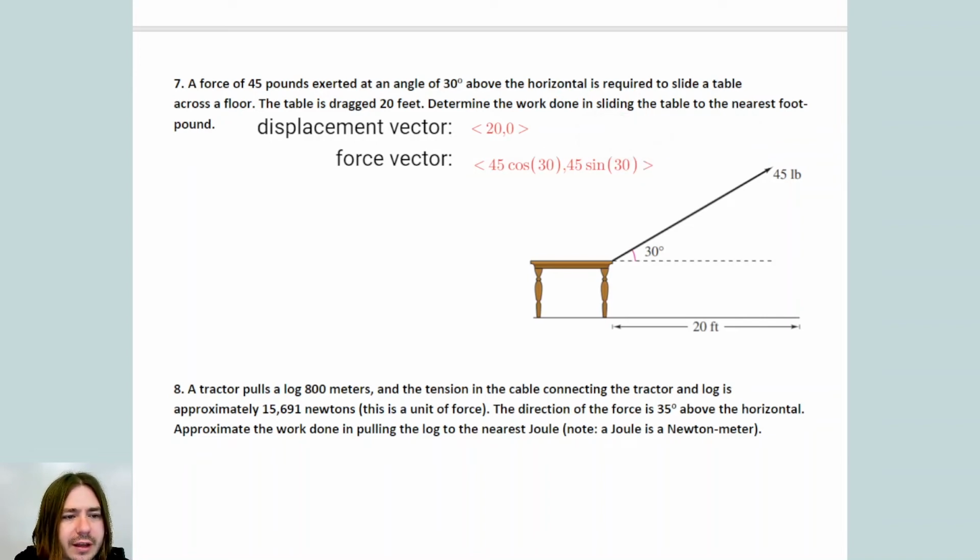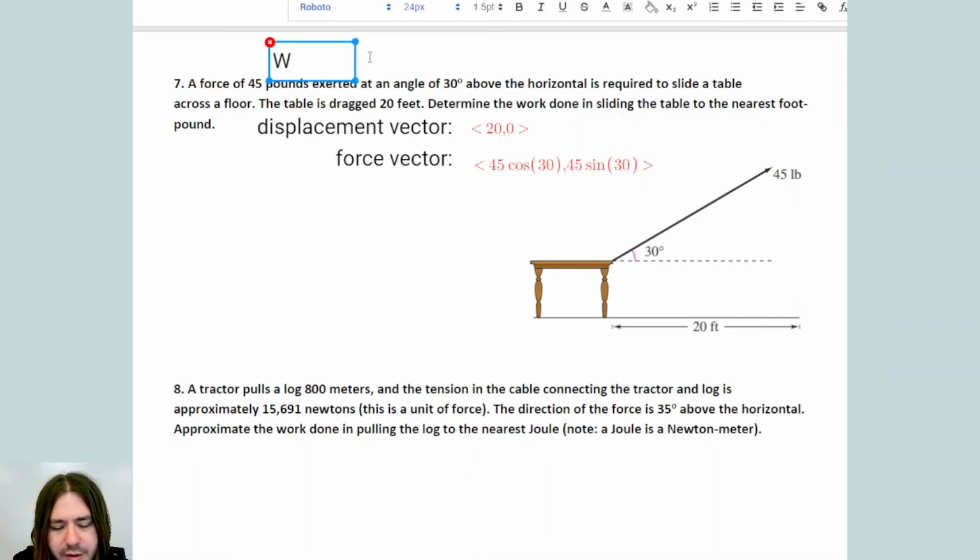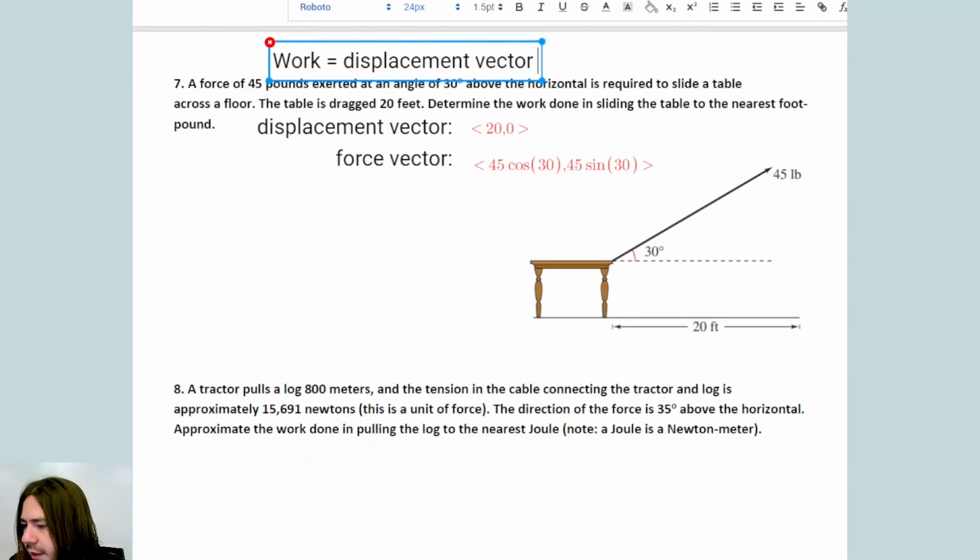So in other words, the amount of work done is equal to the displacement vector, since we're doing a dot product, times the force vector.